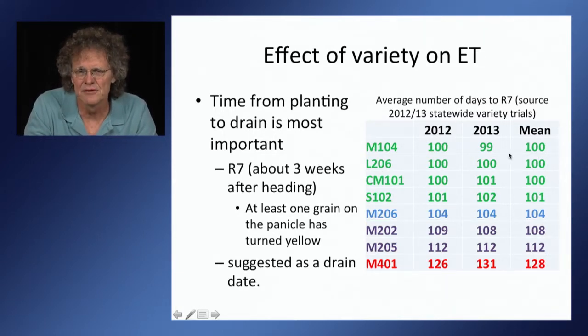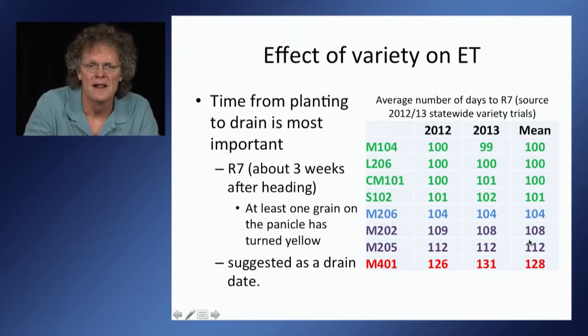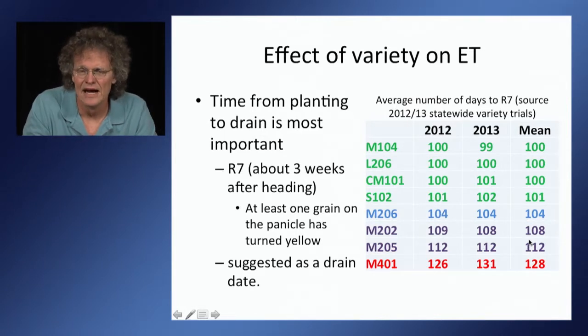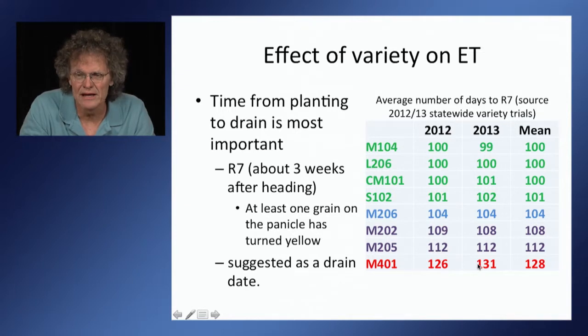And then if you get to some of these other ones, M202, M205, they require even more. Relative to M104, a week to almost 2 weeks longer to reach R7. And then M401 requires 28 more days, four more weeks simply required for irrigating that crop.